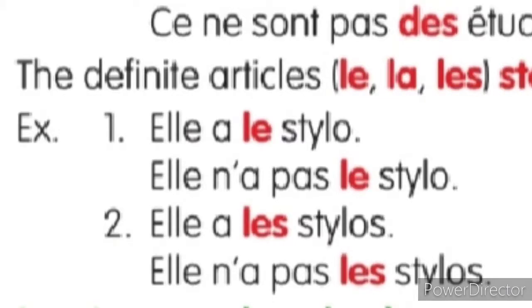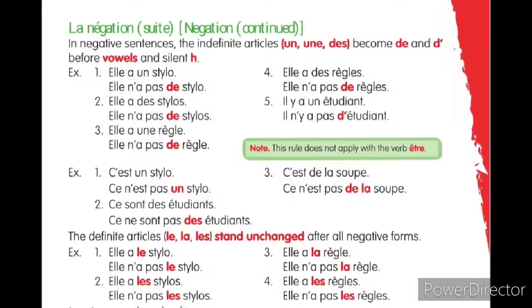Okay. Whenever you have an indefinite article and a definite article, and partitive article du, de la, de l apostrophe, des plural, with these you have to use de and d apostrophe. Only for the être verb you have to use negation with the article.